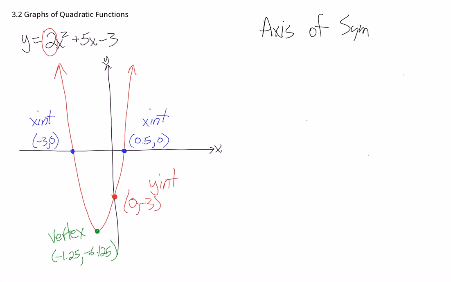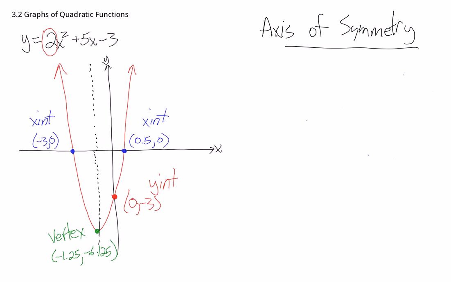Just like it sounds, it's asking what would the line be that cuts this graph in half. If you look at the graph, right down the center of it vertically should be the axis of symmetry. That's what cuts this graph in half, so all of the points are equally spaced on either side.